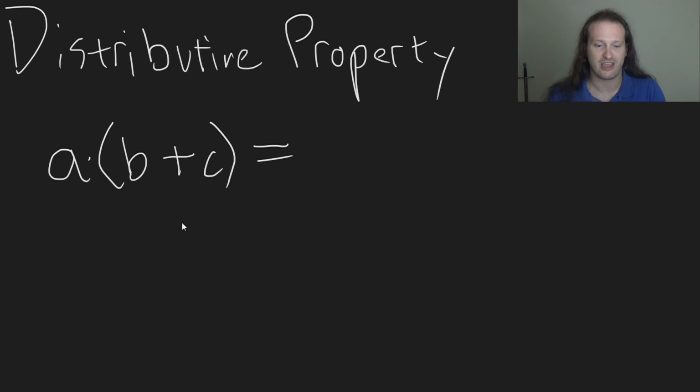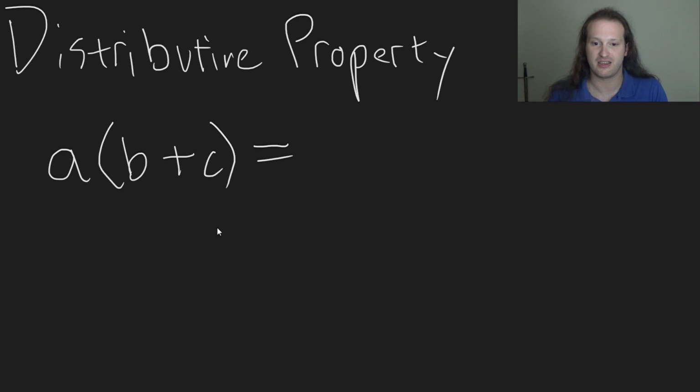So from now on, if I just write a variable or a number right next to a layer of parentheses like that, it's assumed to be multiplication. This is the same thing as taking that outside number and multiplying it by each of the inner things, and those things are separated by the plus.